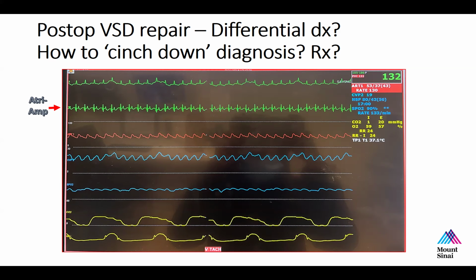So we know what a right bundle branch is supposed to look like, but we don't know what this VT is supposed to look like. So if it doesn't look like a right bundle on the 12 lead, that's one very good hint that it's not JET, right? And could you do any provocative testing to show that this QRS that we're seeing is either a bundle branch from JET or is VT?